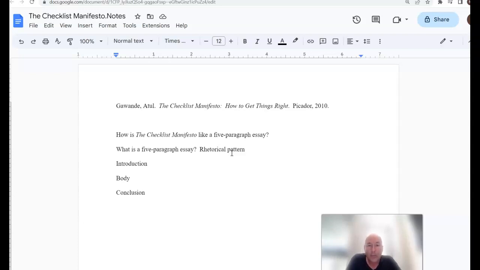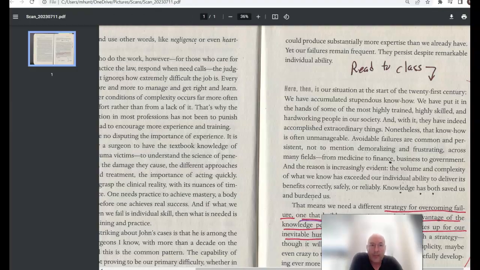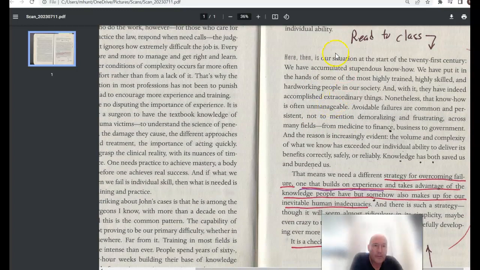Stories are very common hooks that are used in introductions. And then he ends the introduction with what I would say is a thesis. So this is the thesis part, the last part at the end.